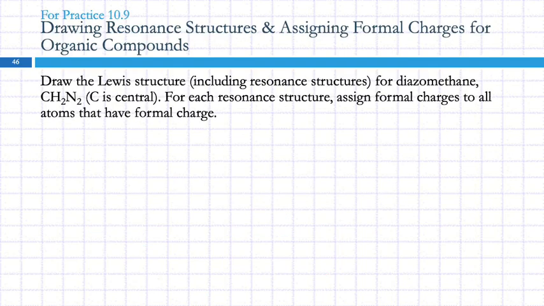Drawing resonance structures and assigning formal charges for organic compounds. So we're going to draw a Lewis structure, including resonance structures for diazomethane. So this is the formula, and they're telling us nitrogen is central. So we know we're going to put the nitrogen in the middle.